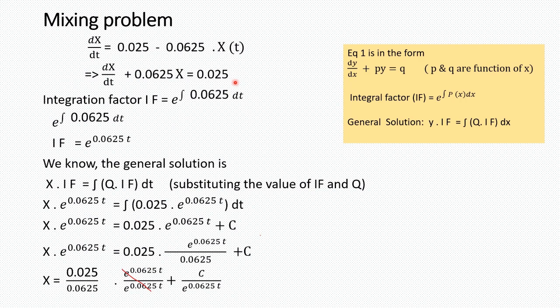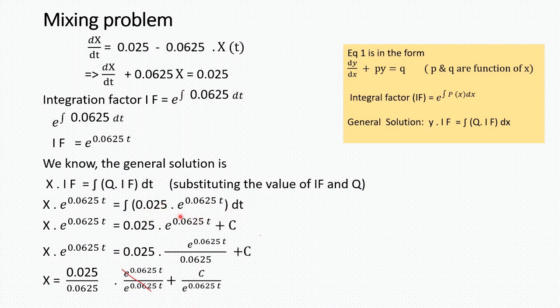The integrating factor in this equation is e to the power integration of the coefficient of x, that is 0.0625 dt. Integrating factor is equal to e to the power 0.0625 t. The general solution format is this; plugging values, we get this. Integrating this, 0.025 is constant, hence taken out.